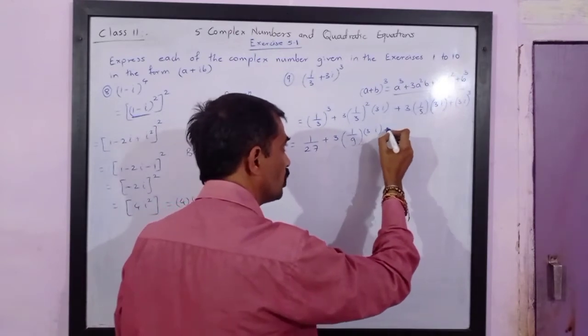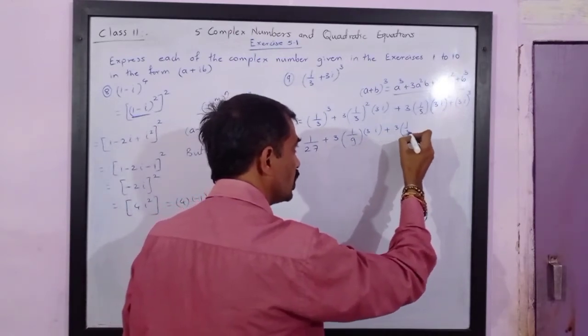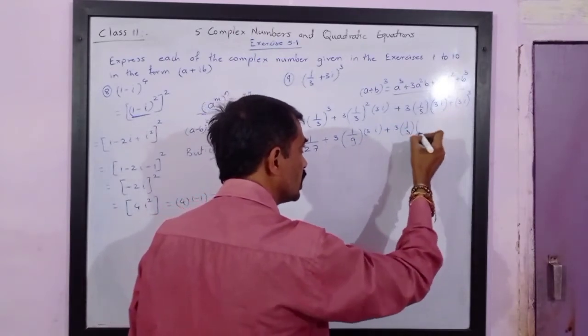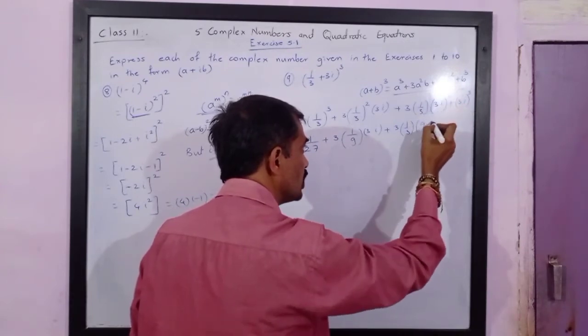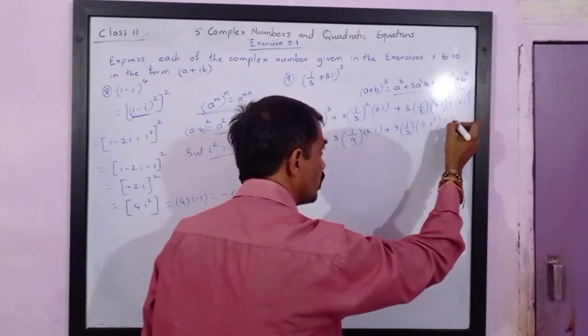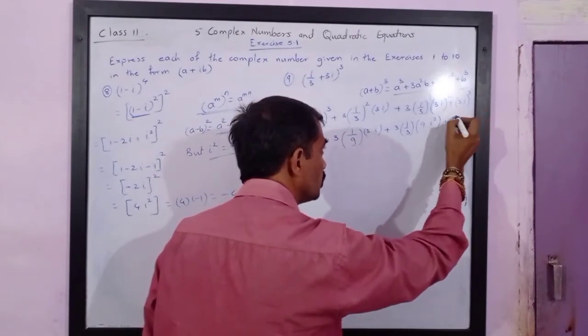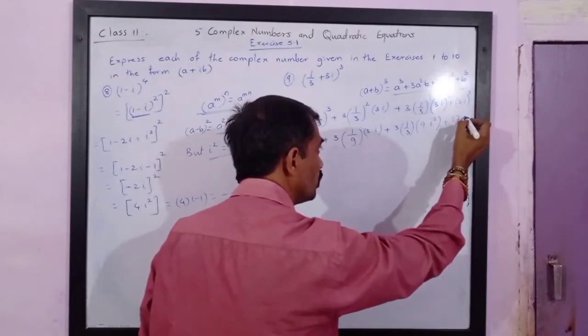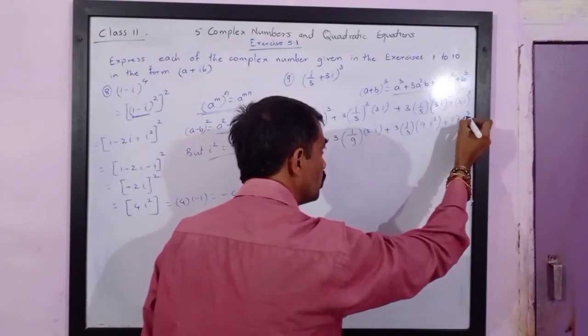This is equal to plus 3 multiplied by 1 upon 3. 3 square is again 9, i square. And plus 27 i cube.